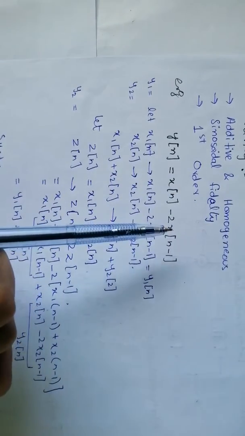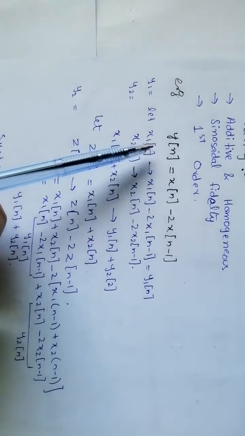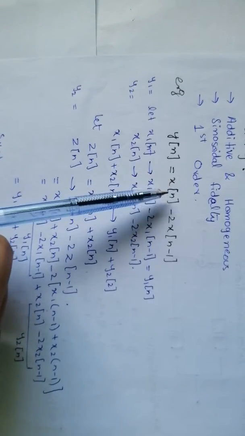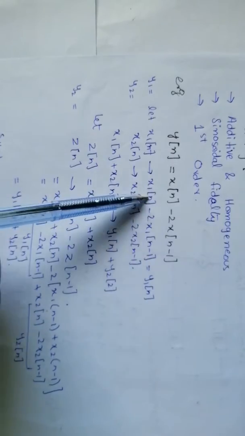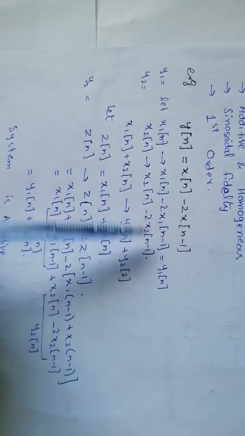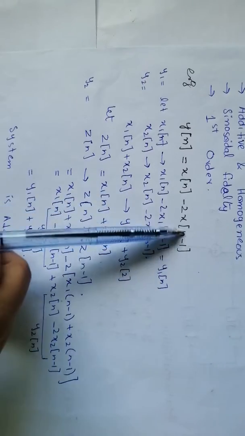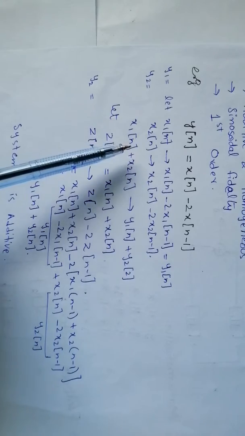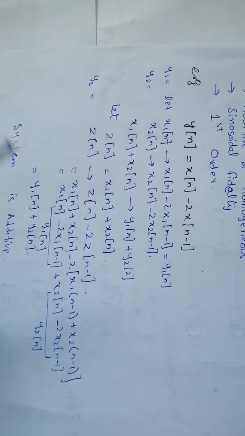In this example, we have to prove that it's a linear system. First of all, we let the input x1 of n give this output y1 of n. Here in the input, we replace it with x1 of n, and x2 of n gives the output y2 of n. We'll write it as x2 of n minus 2 x2 of n minus 1. We have to prove that the sum of the inputs will give the sum of these outputs.